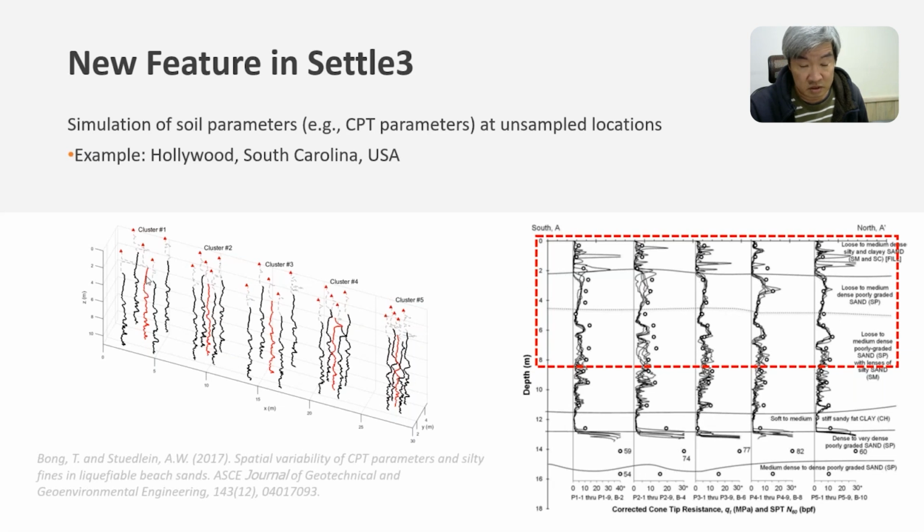In the demonstration, we will pretend that the central CPT is unknown and the remaining 4 are known. So all the dark lines you see here are the known CPTs. The red lines are the CPT locations that we want to simulate. In the demonstration, we pretend that they are unknown.